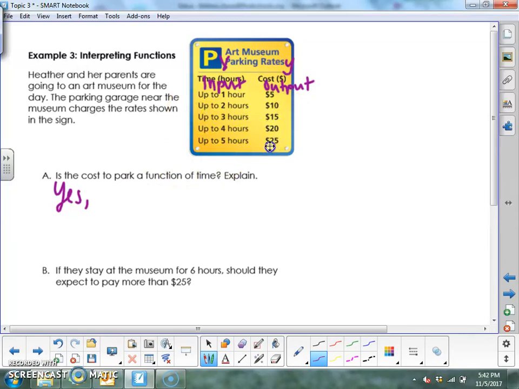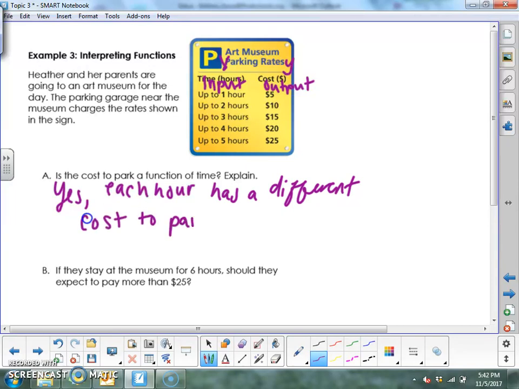So each hour has a different cost to park. So this would be considered a function.